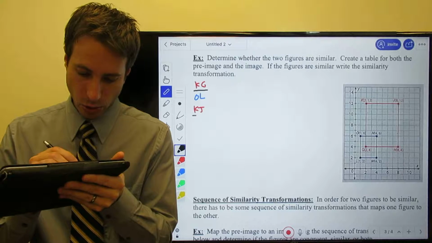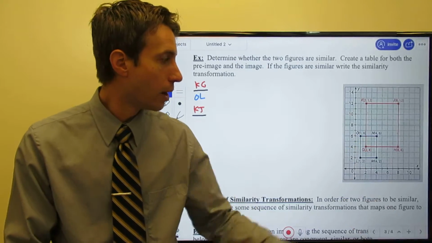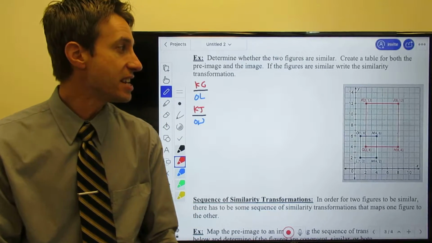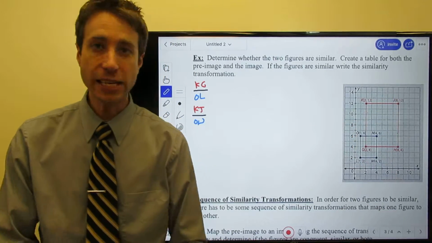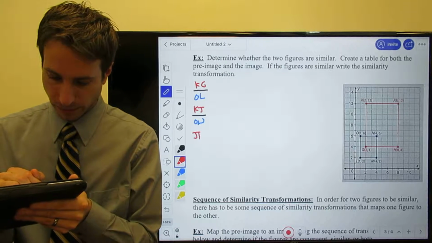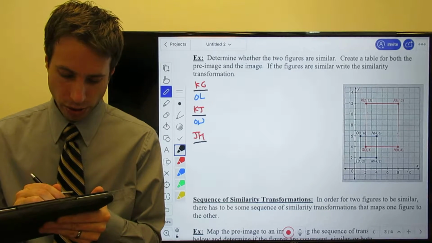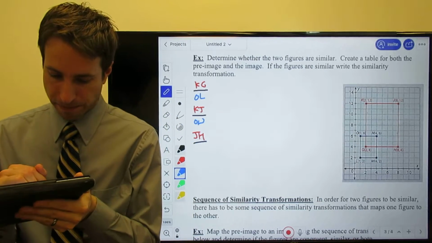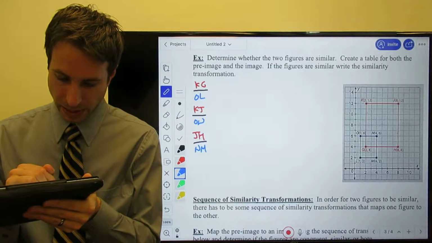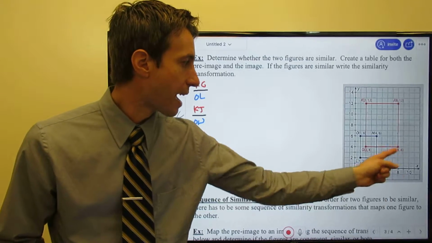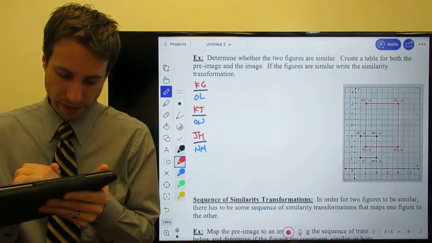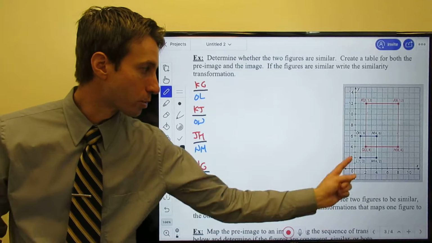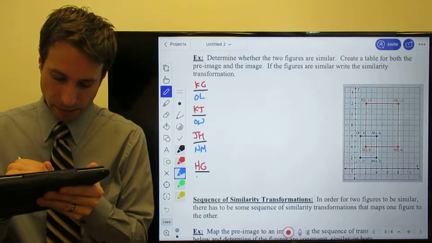Well, KJ corresponds with ON. Okay, the next one, JH. Well, JH corresponds with NM. And then the last one, I have HG or GH, whichever. That's going to correspond, of course, with my last one, ML.